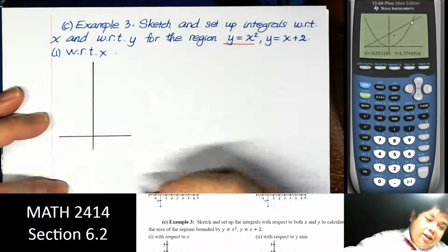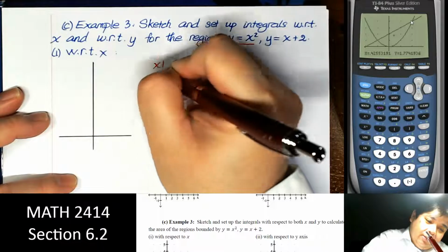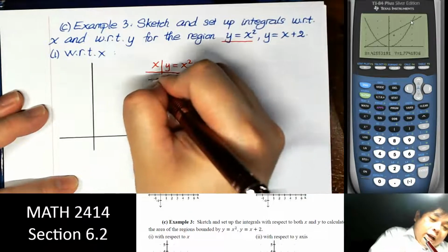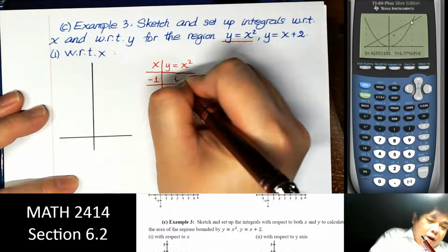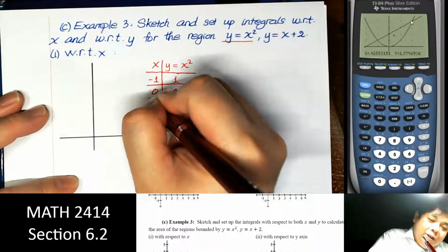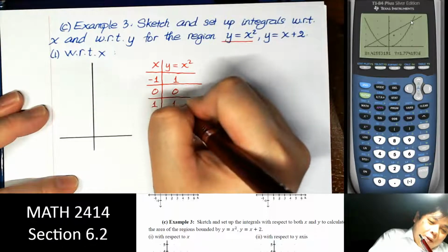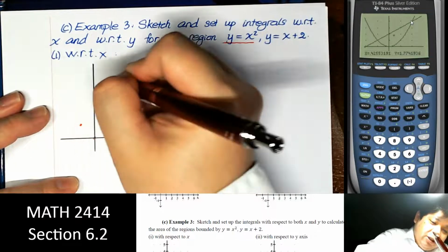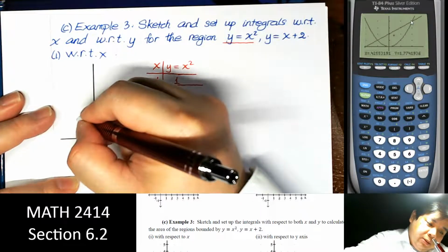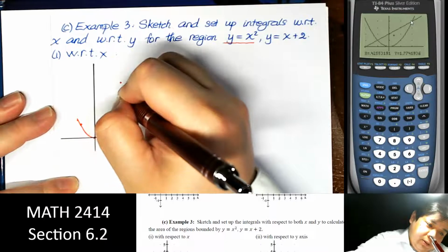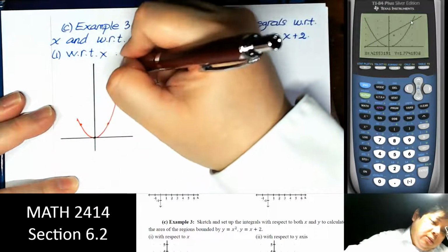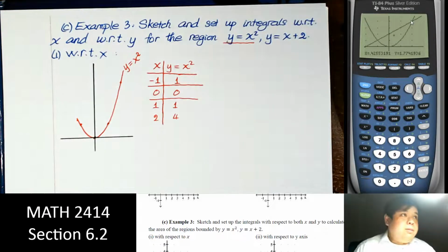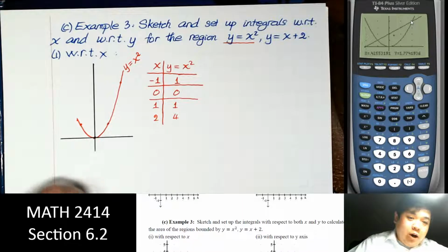Y equal to x squared. x equal to negative 1, y equal to 1; 0, 0; 1, 1; and then 2, 4. So just have some points. Right, and then the other one, y equal to x plus 2.